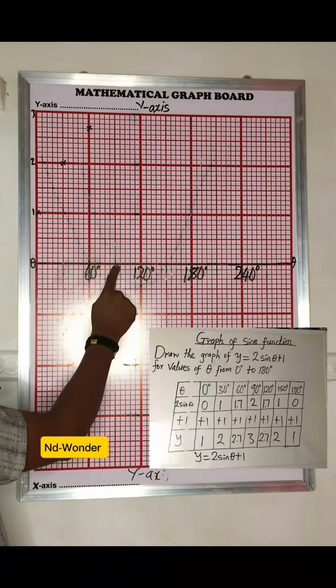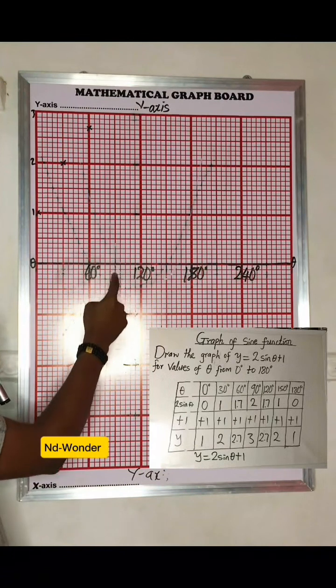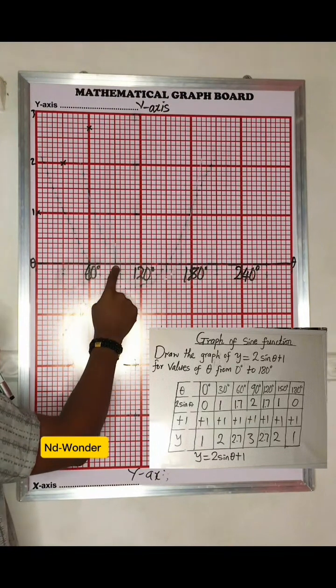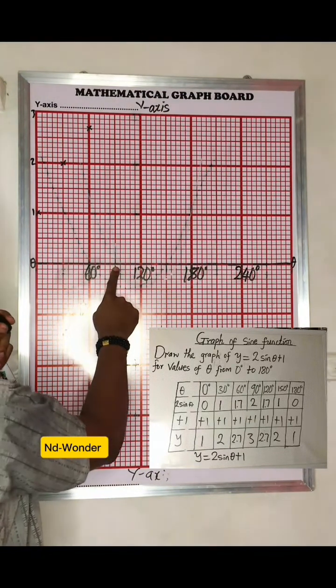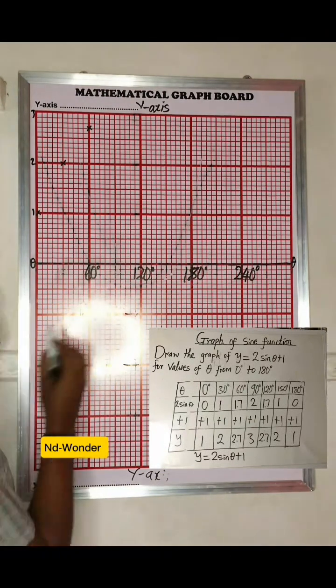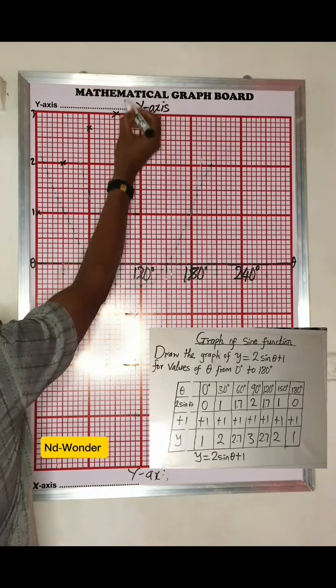When theta is 90, here is 90 because 30 plus 60 will give us 90, the middle part of this word, line graph. Now, when theta is 90 degrees, what does y give us? Y gives us 3. So trace this line here. Here becomes our 3.